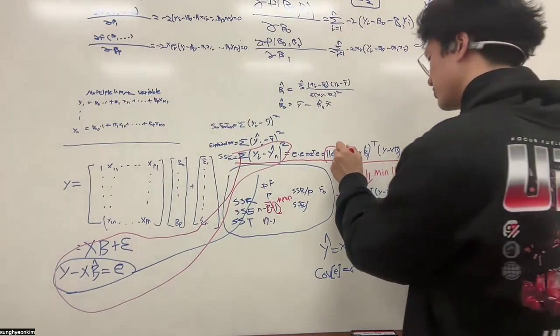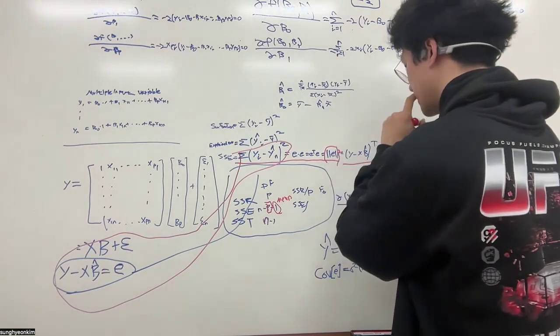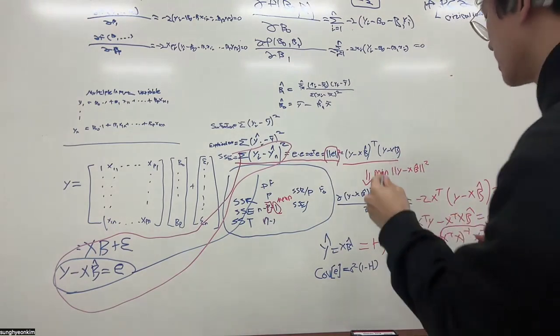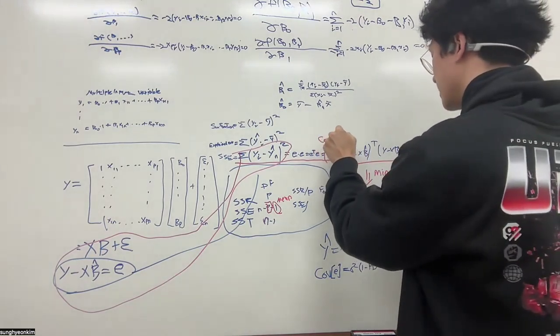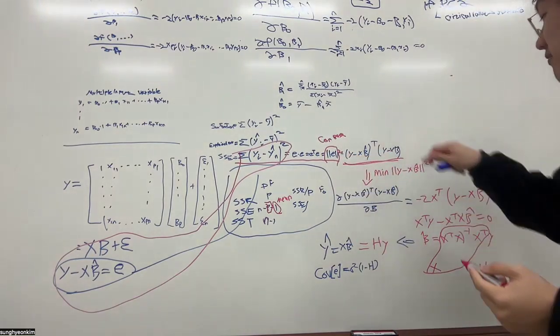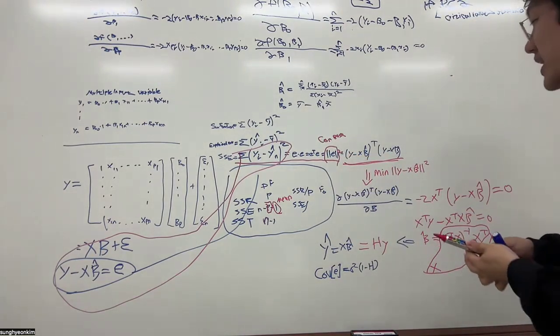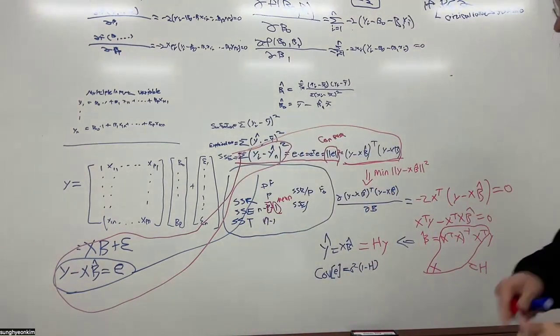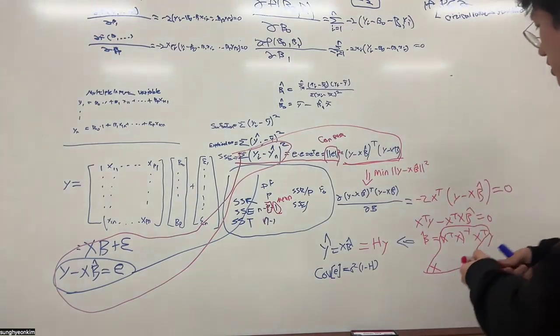Oh, wait a minute, was it scale or vector e's length? I forgot. I'm confused right now. Then we can represent it as the vector transpose multiplied by the vector, y minus Xb hat transpose times y minus Xb. What we need to do is minimize it.